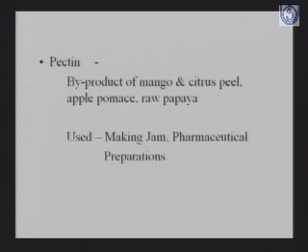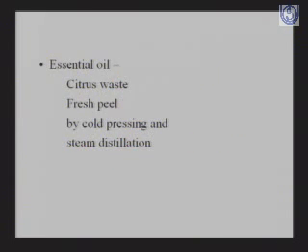Then some essential oils can also be obtained from waste material, citrus waste and fresh peel, and there are two methods of extraction of the essential oil: cold pressing or steam distillation. With steam distillation the essential oil is not of that high grade, so cold processing is being done, and again the different components are isolated and essential oil is manufactured.